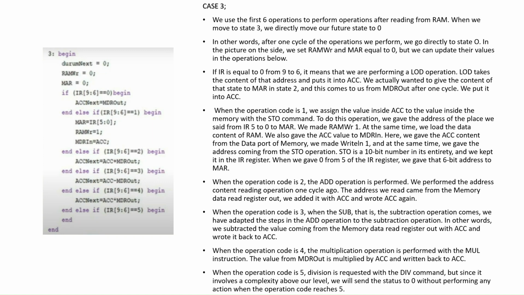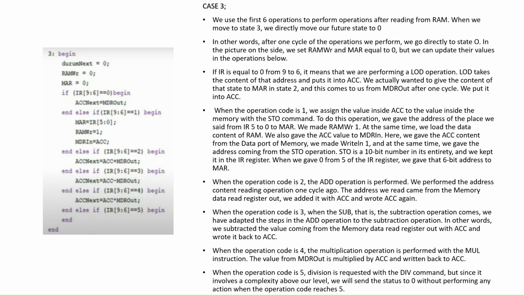When the operation code is 1, we assign the value inside ACK to the value inside the memory with the STO command. To do this operation, we gave the address of the place we set from IR 5 to 0 to MAR. We made RAM 1. At the same time, we load the data content of RAM. We also gave the ACK value to MDR in.